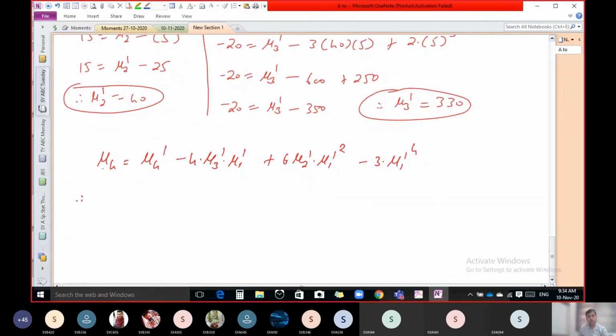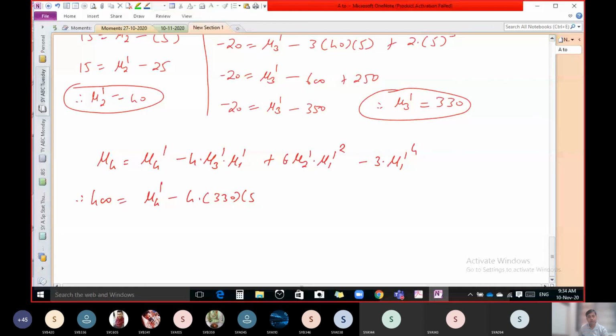Substitute all the values. Mu4 is 400. Mu4 dash we don't know. 4 into mu3 dash, 330, into mu1 dash, 5, plus 6 into mu2 dash, 40, into 5 raised to 2, minus 3 into 5 raised to 4.